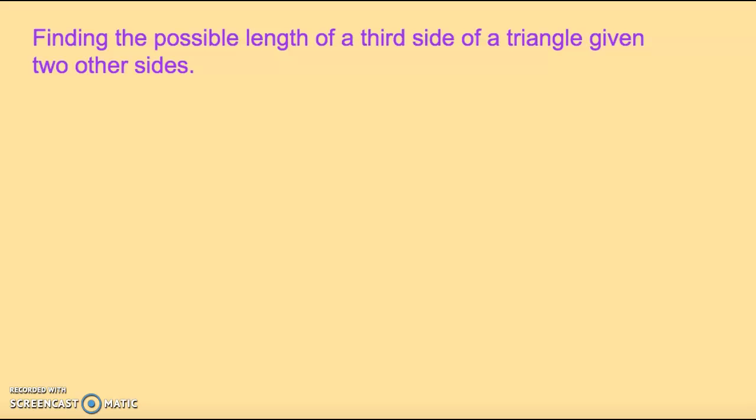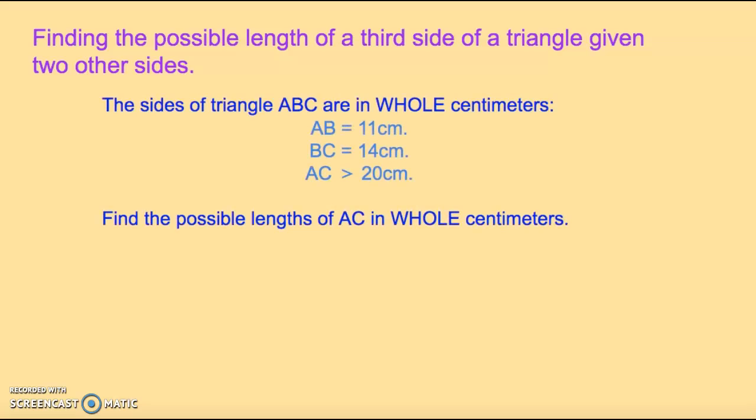Now we're going to move on to another skill that's a little bit more challenging. We're going to try to find the possible length of a third side of a triangle given two other sides. The instructions read as this. The sides of triangle ABC are in whole centimeters, which, remind yourself, means whole numbers. There will be no fractions or decimals to these numbers.